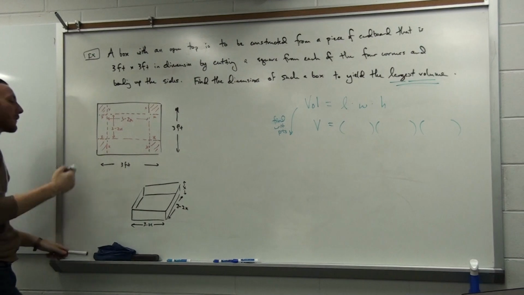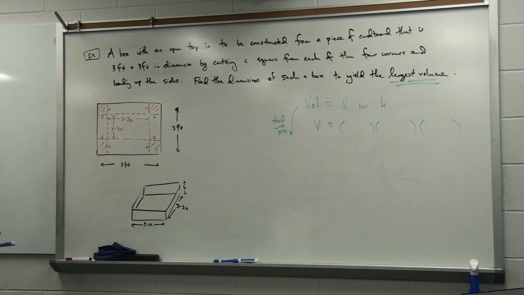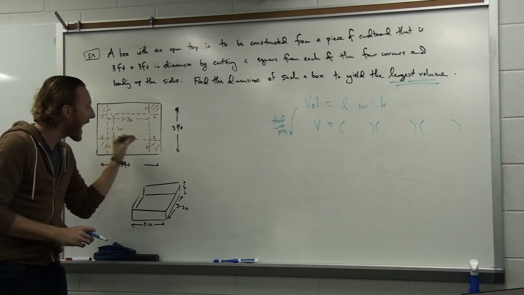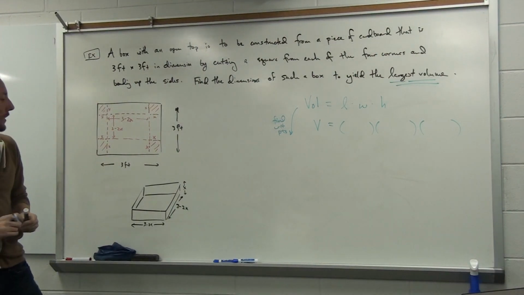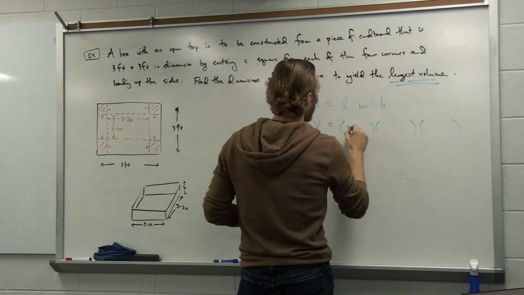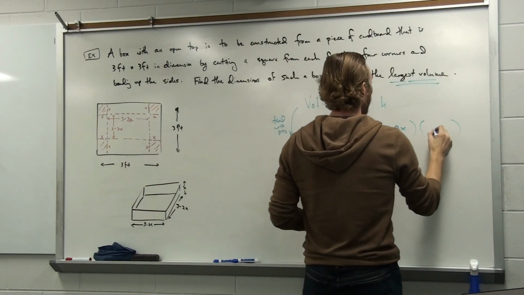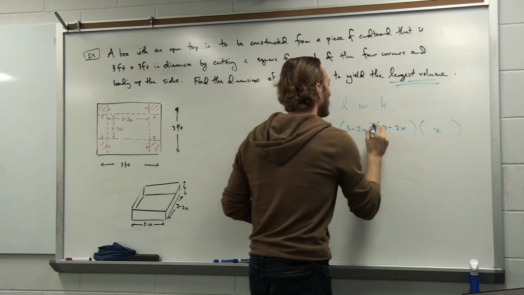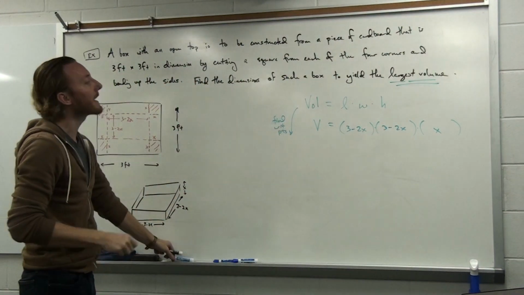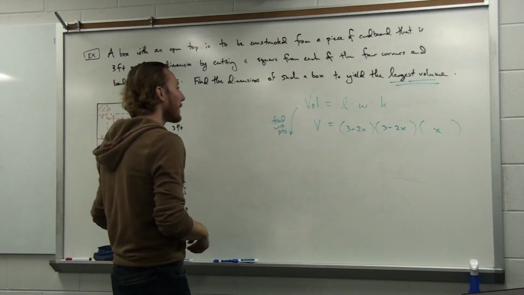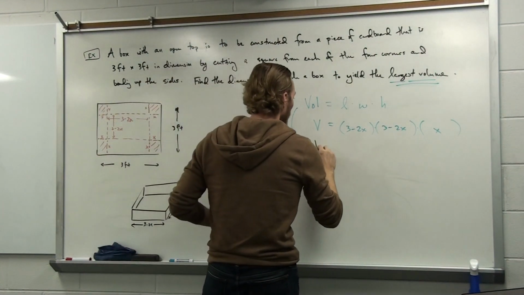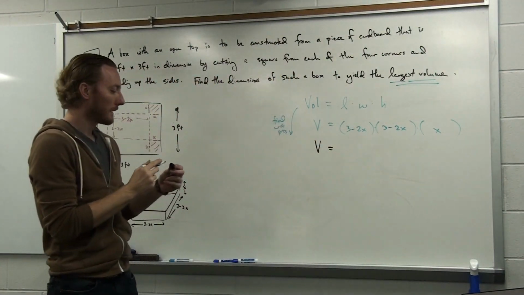But now you see, we can compute the volume of our box in terms of our variable x, in terms of how big we make our rectangles. So length, 3 minus 2x. Width, 3 minus 2x. Height, x. And now you can run the numbers on that and FOIL to compute the volume function directly.